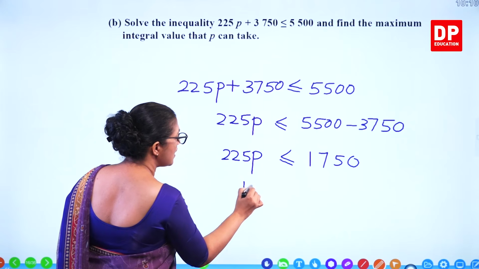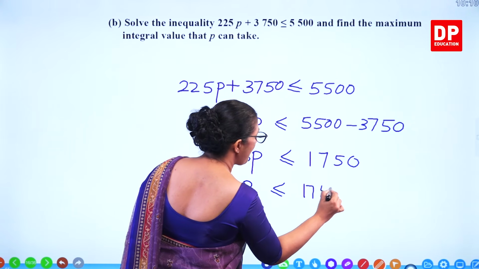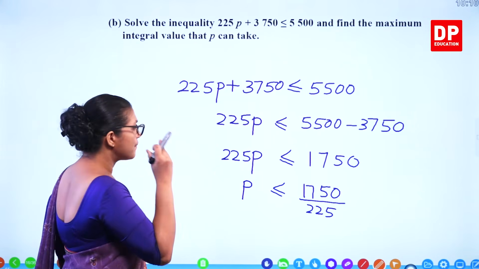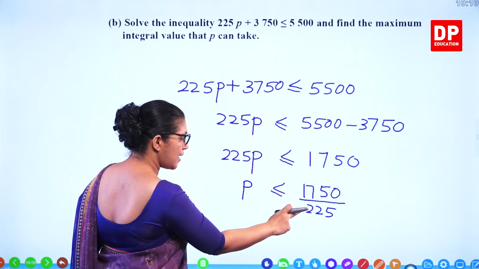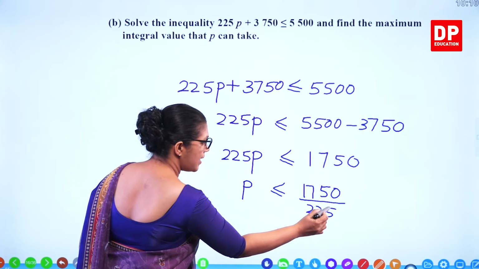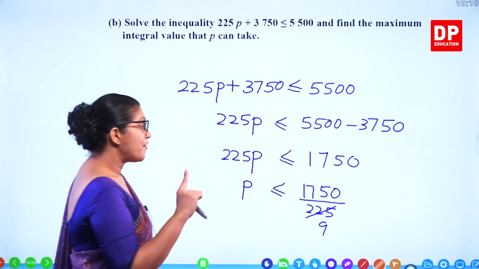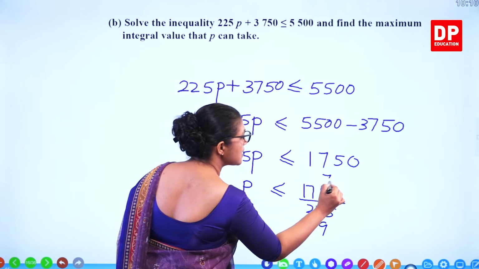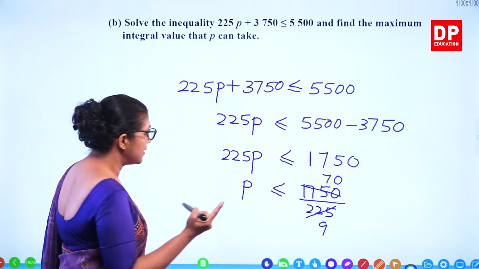So what is P? You have to divide by 225. Again, we can see how many 25s are there. This is 8, 9. And how many 25s for 1,750? So you get 70. 70 over 9.